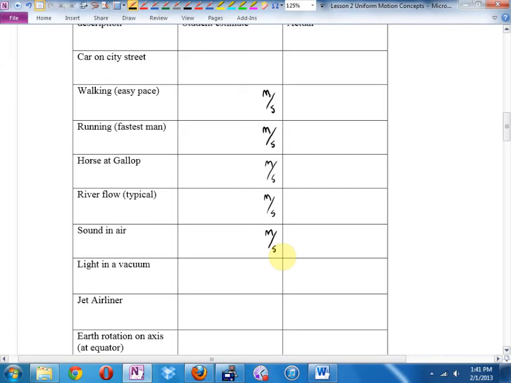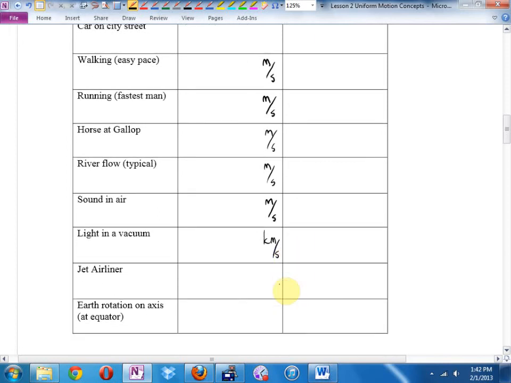Now, the one we're going to have to change, light in a vacuum, we're going to have to go to kilometers per second, because if we write it as meters per second, you can't fit it on your calculator. It's too big. Trust me. A jet airliner, you can do that one maybe in kilometers per hour.